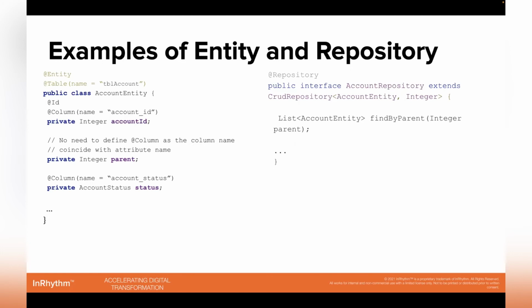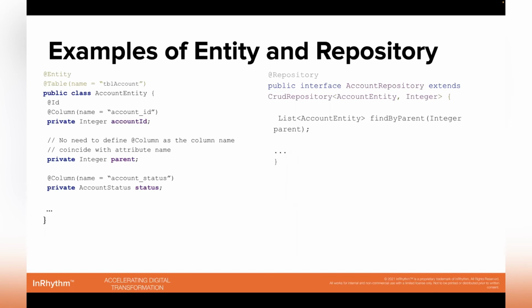As I mentioned, this is a very simplified example. It also allows complex relations, as in a database we can have many-to-one, one-to-many, many-to-many, or one-to-one relationships. The same can be done here by using the appropriate annotations.